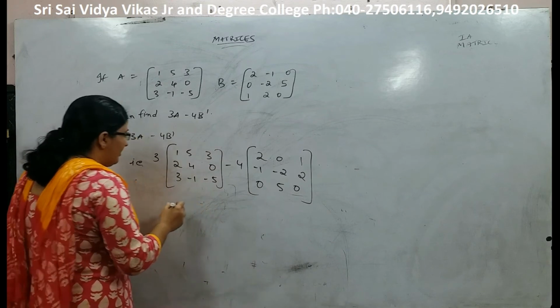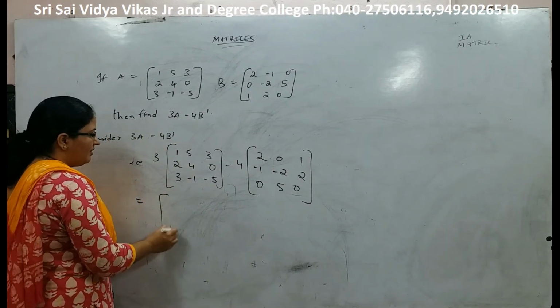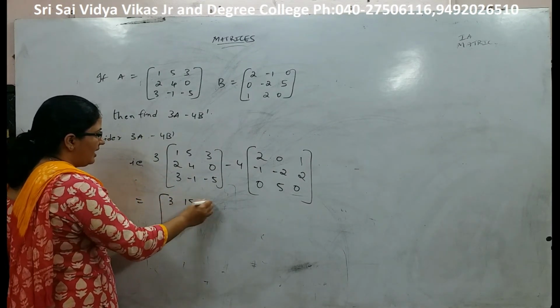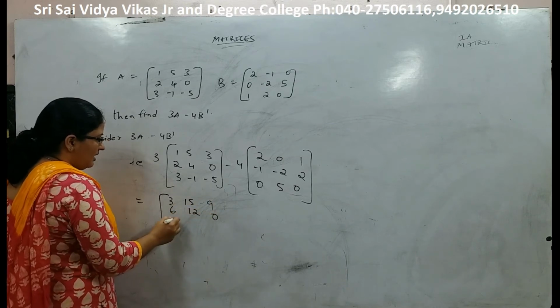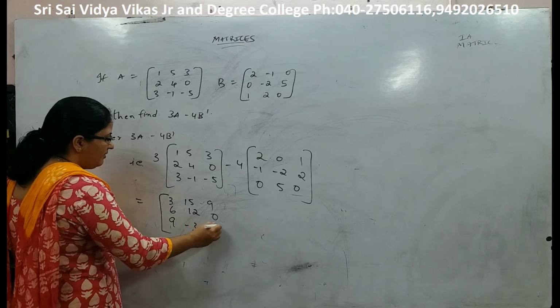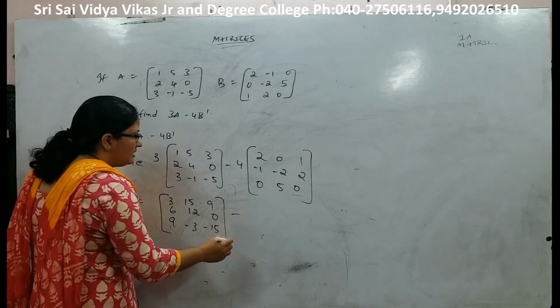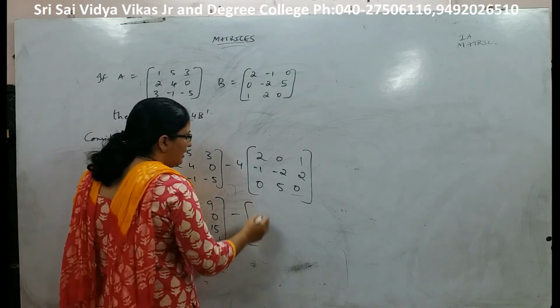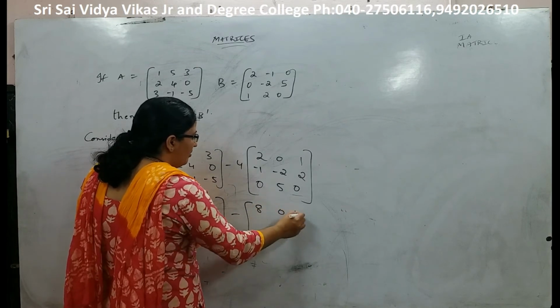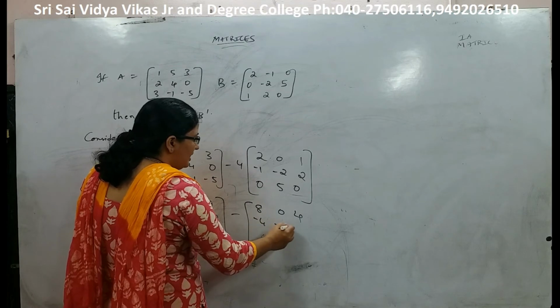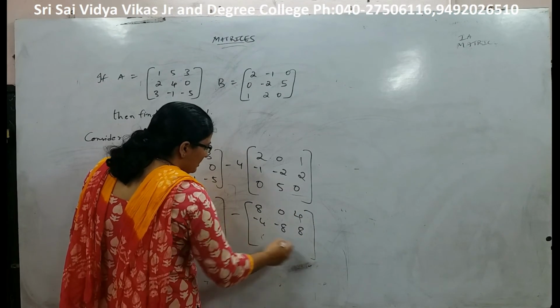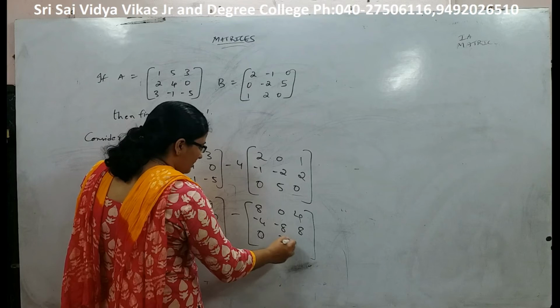So here you multiply every term with 3: [3, 15, 9; 6, 12, 0; 9, minus 3, minus 15], minus [8, 0, 4; minus 4, minus 8, 8; 0, 20, 0].